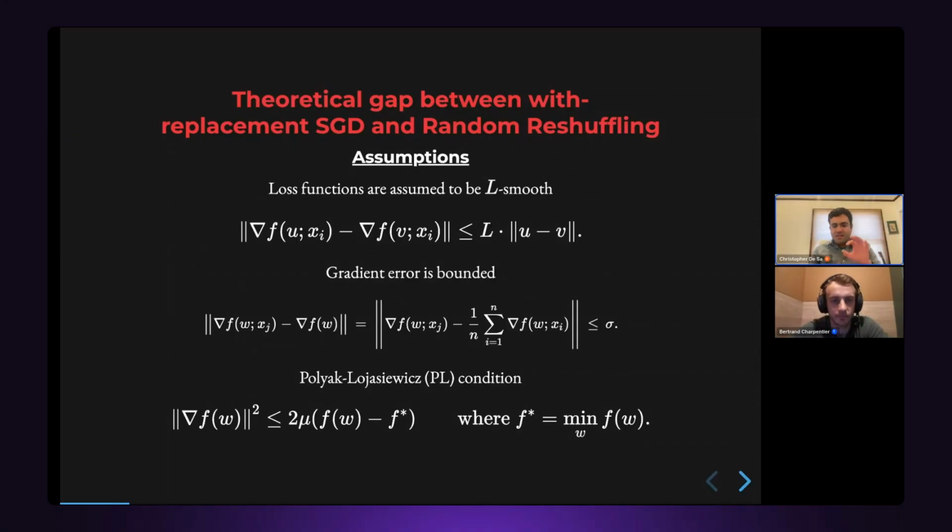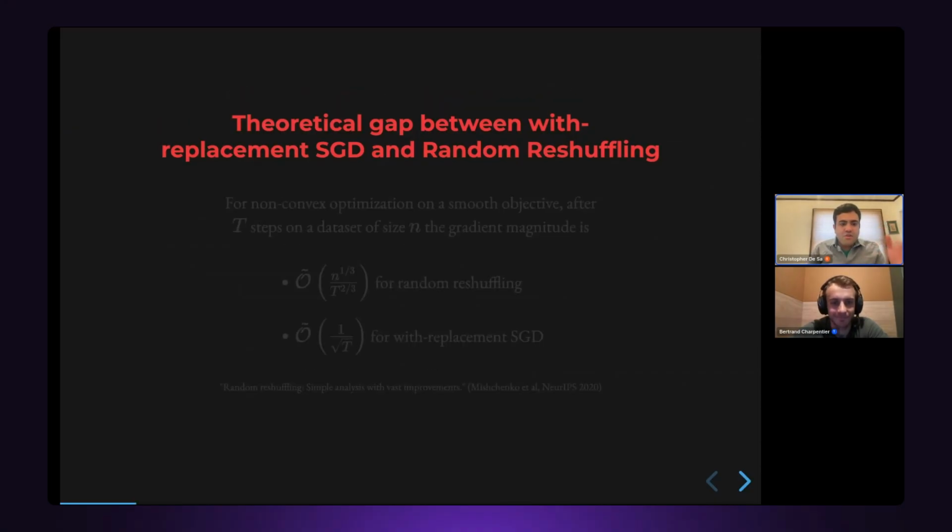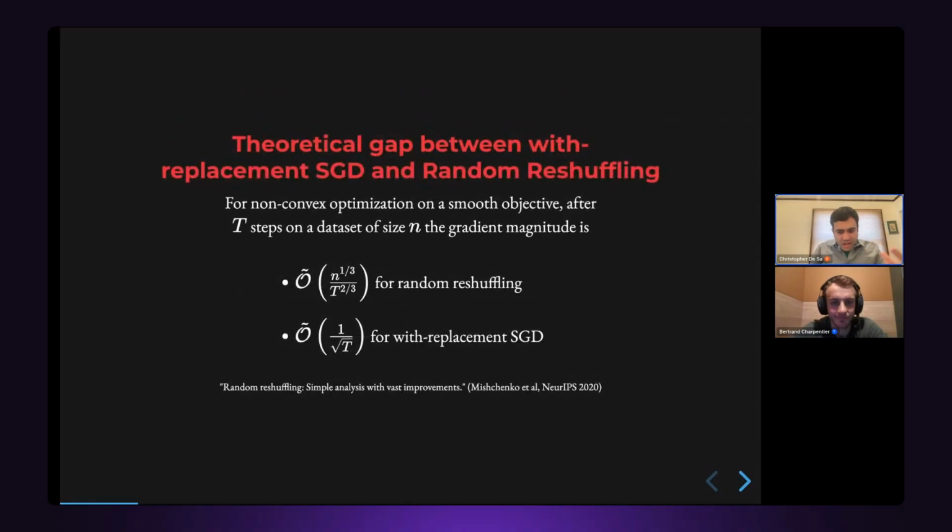And under standard assumptions in optimization theory, which I won't go into, but they're on the slide if you're curious, you can show that for non-convex optimization on a smooth objective, which is a reasonable proxy for deep learning, reasonable-ish, then after you run t steps of stochastic gradient descent on a data set of size n, while for with-replacement SGD, the simple thing that draws examples independently, the gradient magnitude is bounded by something that scales like 1 over the square root of t, the number of steps.